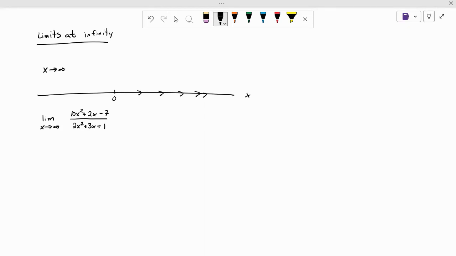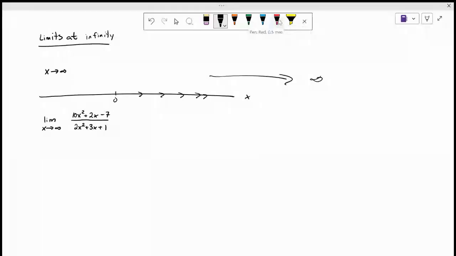What's happening to the numerator as x gets arbitrarily large, as it goes to infinity? To know what happens, you start thinking asymptotically. You start thinking about the most powerful or dominating term.